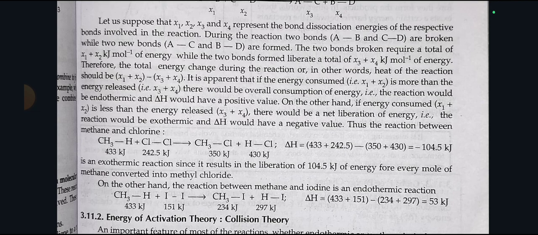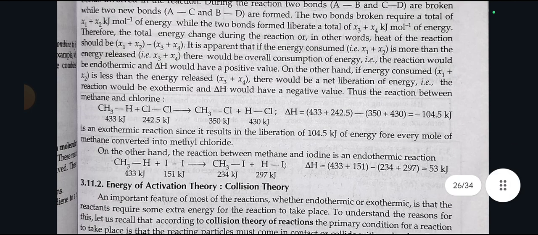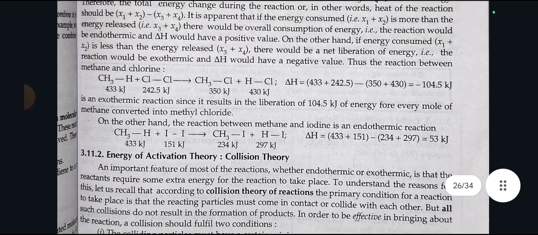Delta H is equal to (433 plus 242.5) minus (350 plus 430), equal to minus 104.5 kilojoule. It is an exothermic reaction since it results in the depletion of 104.5 kilojoule of energy for every mole of methane converting into methyl chloride.